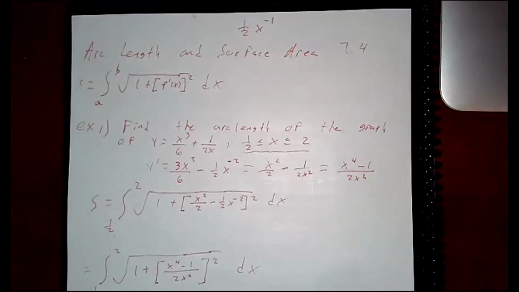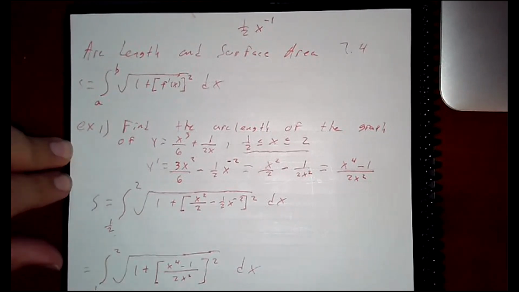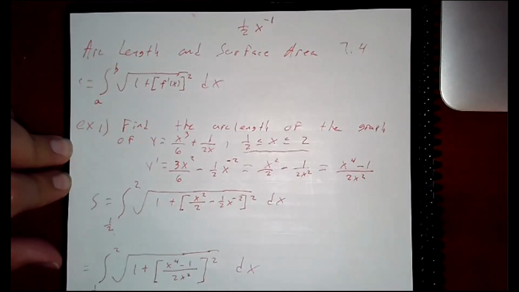Now it's a little easier to square, right? It's not as disturbing. So that will be a bunch of algebra. One plus, square the bottom, that'll be easy, 4x to the 4. The top will be x to the 8 minus 2x to the 4.